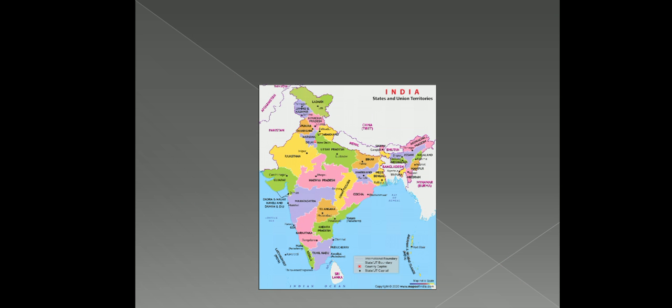Here you see the map of India from Arunachal to Gujarat. That is our east-west expansion. While from Kerala or Tamil Nadu to Jammu Kashmir, that is our north-south expansion, that means latitudinal expansion.